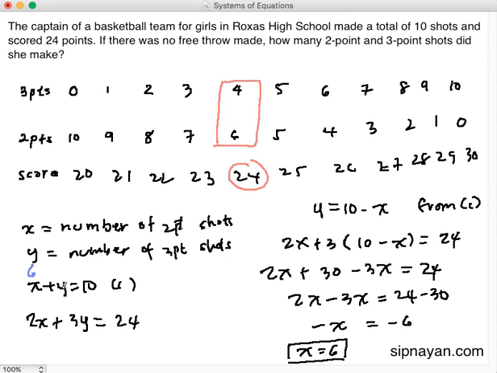And our y is, of course, since ang sum nila is x and y is 10, therefore, ang y natin is 4. Which is consistent with our answer here, no? So, kung mapapansin niyo 2 times x, 2 times 6 is 12, plus 3 times 4, which is also 12, is equal to 24. So, 6 and 4 satisfy both the equations, no?